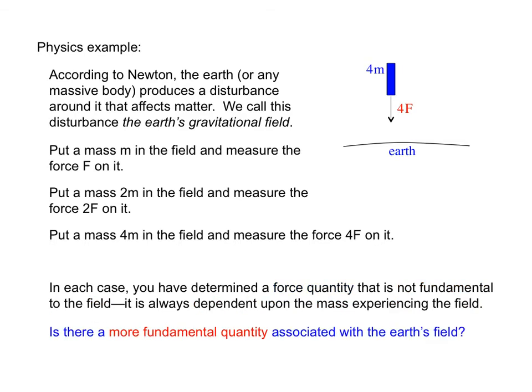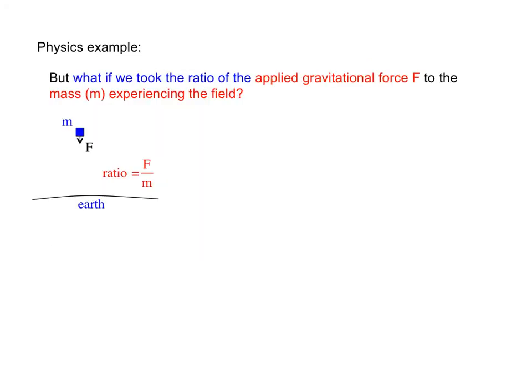So the question arises, is there a more fundamental quantity associated with the Earth's field? The answer is yes. If we take the force that the mass is experiencing and divide it by the size of the mass, we get a ratio, force per unit mass. If we do that for our doubled mass and our doubled force, lo and behold, we get the same ratio.